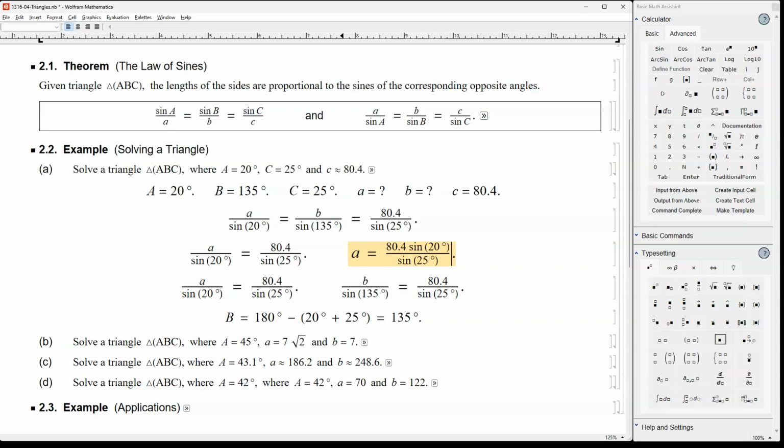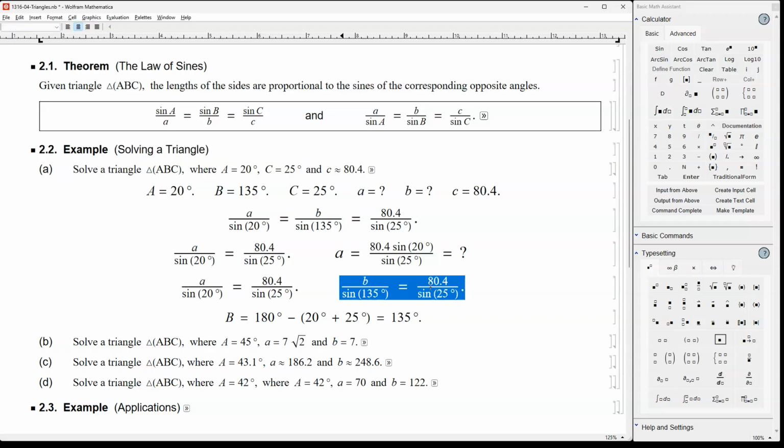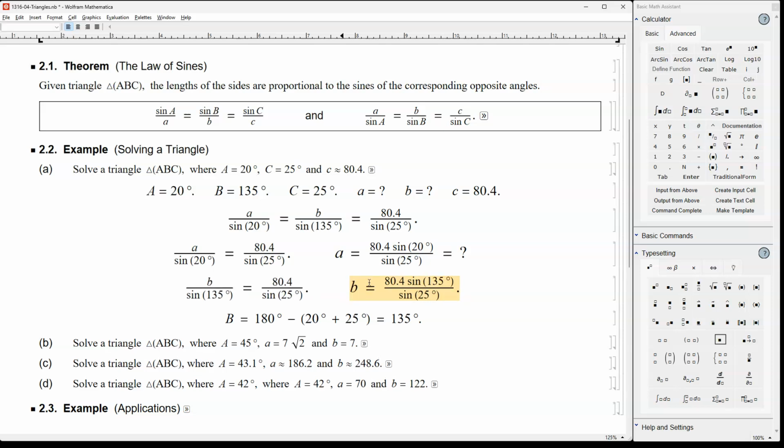And then punch this into the calculator. You're going to get something. Let's do the same thing here. All right, and then flip this denominator to the other side, and then punch this into the calculator, and I'm going to get the answer.